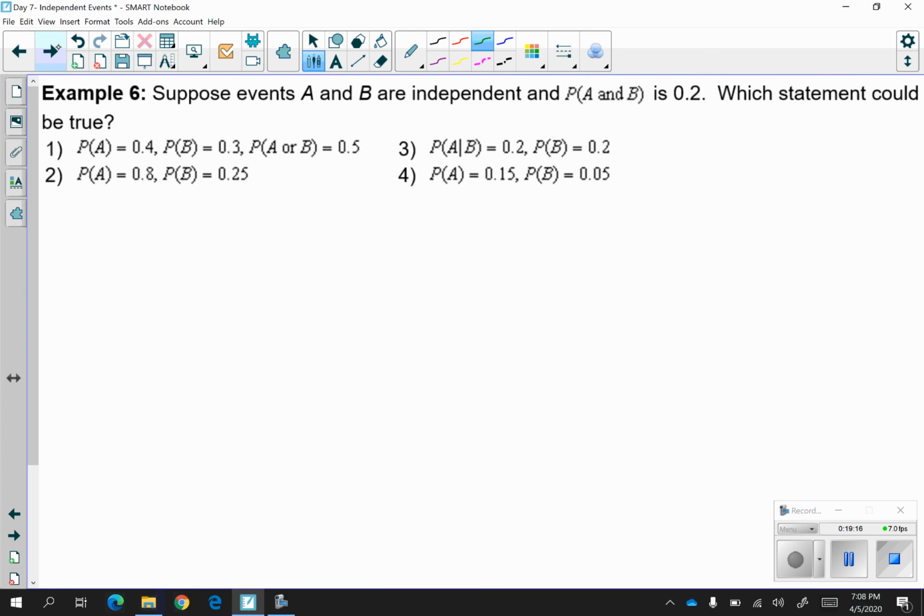Okay, last one. Suppose events A and B are independent, and the probability of A and B is 0.2. Which statement could be true?